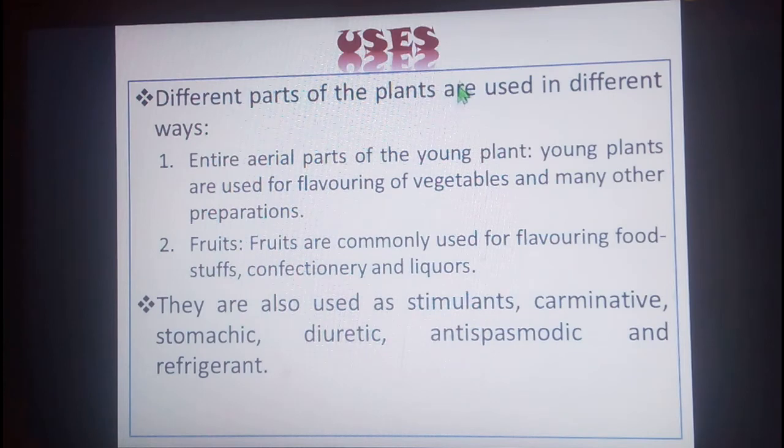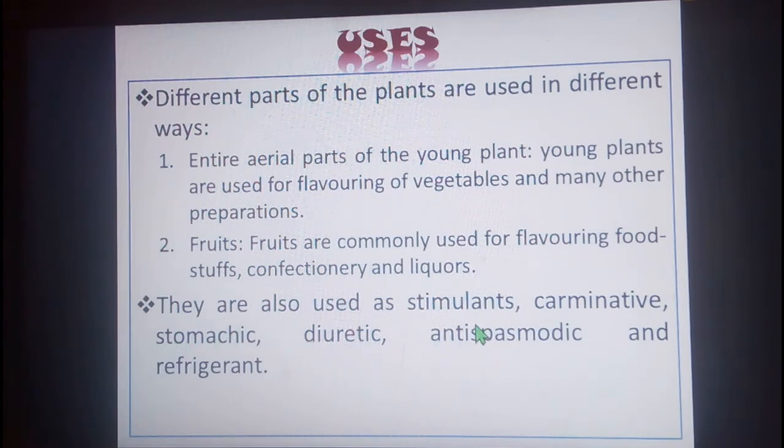Now coming to the uses, we all know that these coriander plants are used in different ways, especially the entire aerial part of the young plant. They are used for flavoring vegetables and many other preparations. Especially here in India, coriander is used in many food preparations for flavoring. And the fruits are commonly used for flavoring foodstuff, confectionery and liquors.